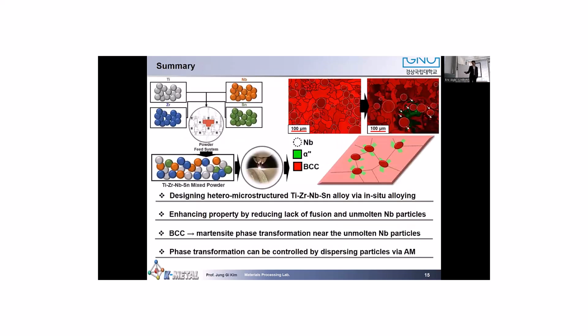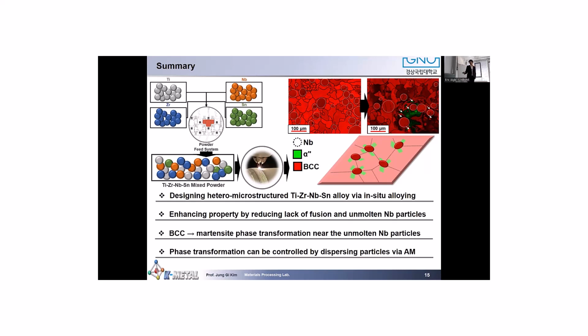So first of all, a summary of the present results. We designed a heterogeneous microstructure titanium, zirconium, niobium, tin alloy via in situ alloying, and we found the mechanical properties can be enhanced by reducing lack of fusion and unmolten niobium particles, but they still distribute unmolten particles.